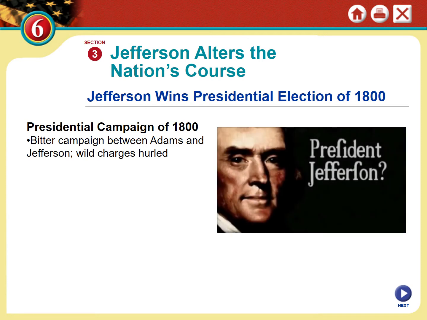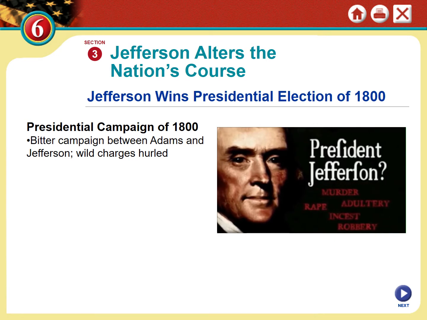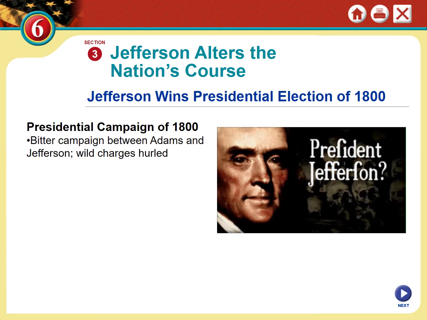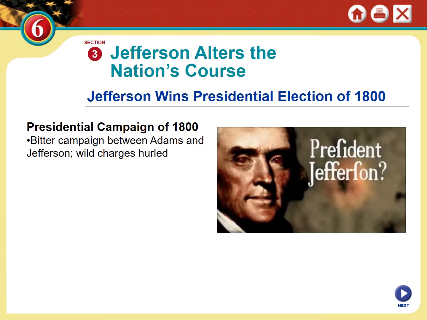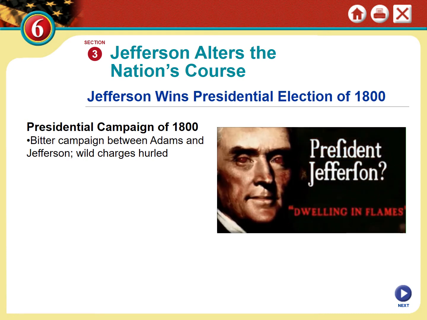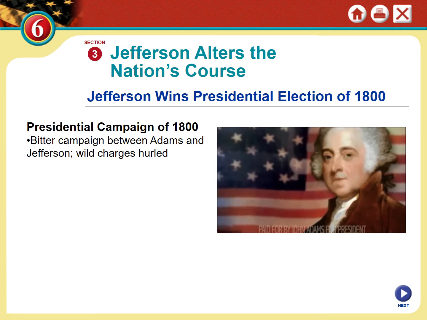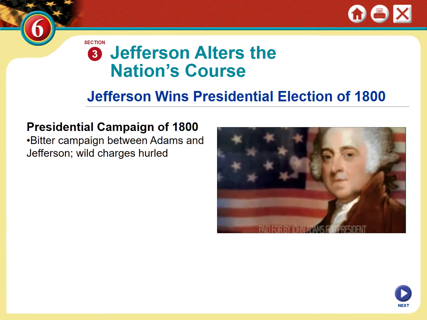If Thomas Jefferson wins, murder, robbery, rape, adultery, and incest will be openly taught and practiced. The air will be rent with the cries of the distressed. The soil will be soaked with blood, and the nation black with crimes. Are you prepared to see your dwellings in flames, female chastity violated, children writhing on a pike? I'm John Adams, and I approve this message because Jefferson is the son of a half-breed Indian squaw raised on hoe cakes, and Hamilton is a Creole bastard brat of a Scotch peddler.